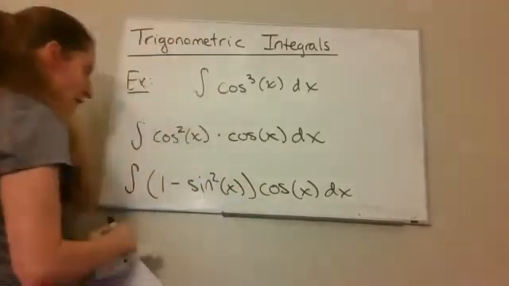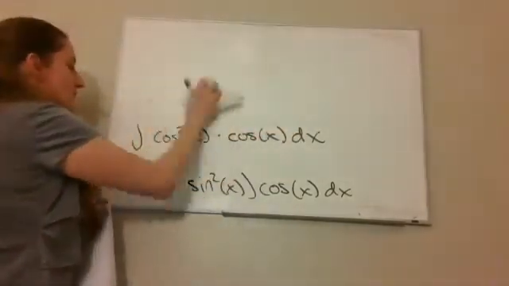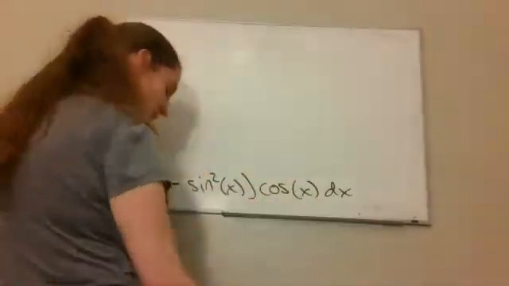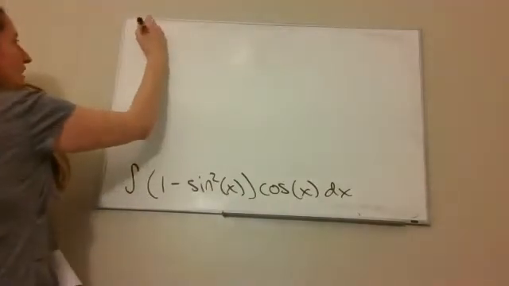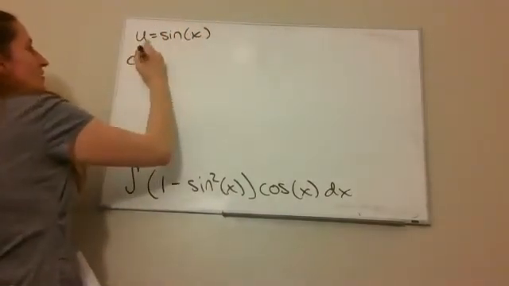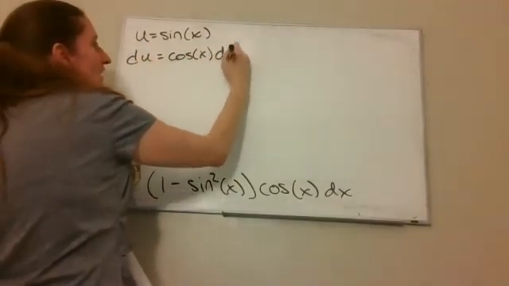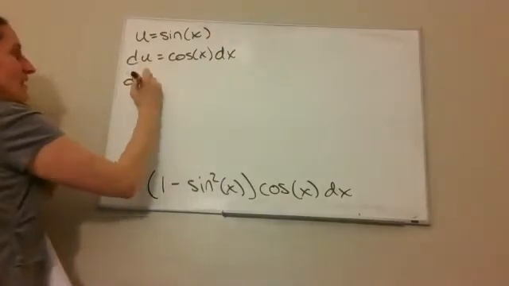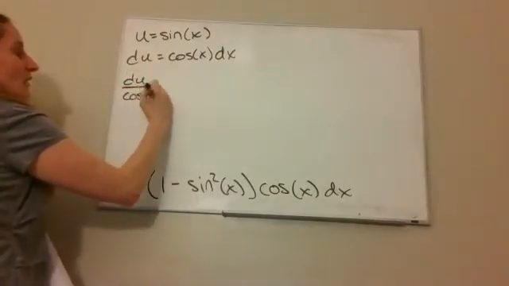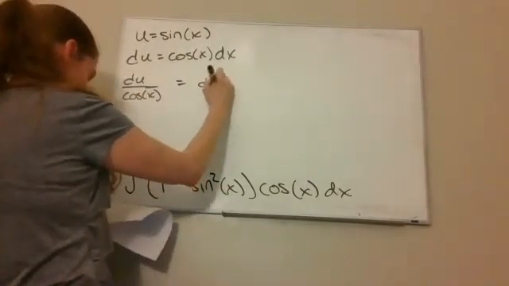So let's go ahead and write down our substitution. If I let u equal sine of x, then du is going to be cosine of x dx, which means that du divided by cosine of x is going to be dx.